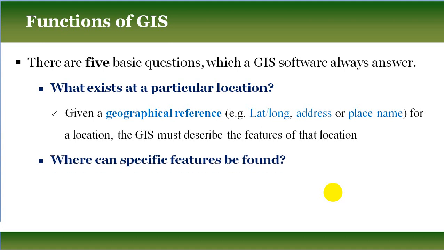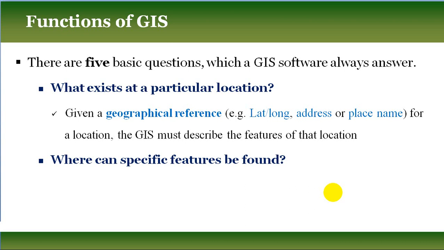Now the second question is the conditional one. Let's see, where can specific features be found? This time, instead of asking what exists at a particular location, a GIS user most of the time also asks the GIS software by providing certain conditions.